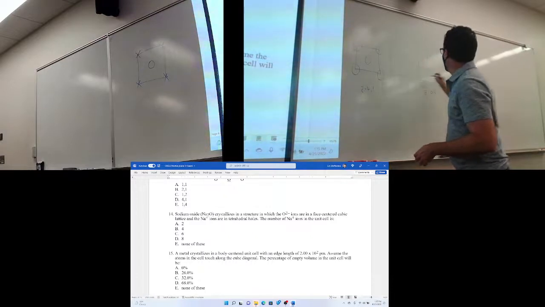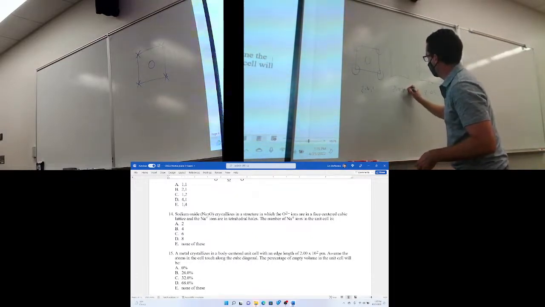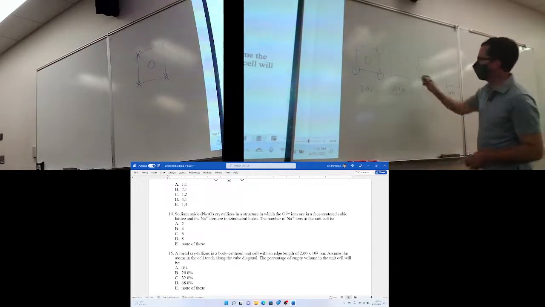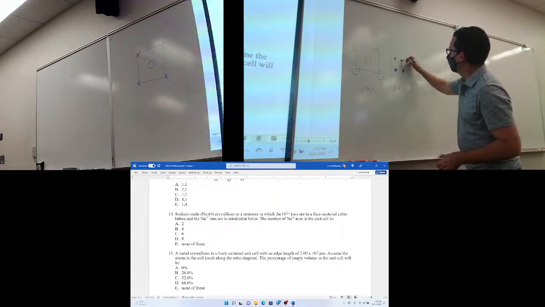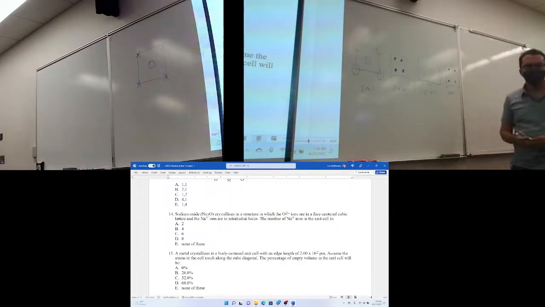When your tetrahedral holes are completely filled, that means your quarter layer and your 3/4 layer are completely filled as well. So let me use solid colors here. And there's 4 positions here, there's 4 positions here. Those are all the tetrahedral hole positions.